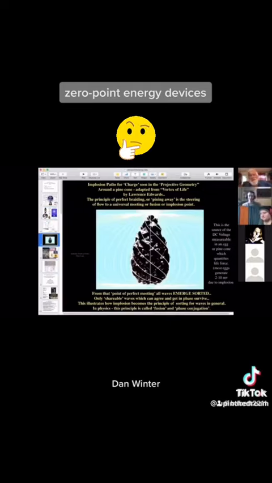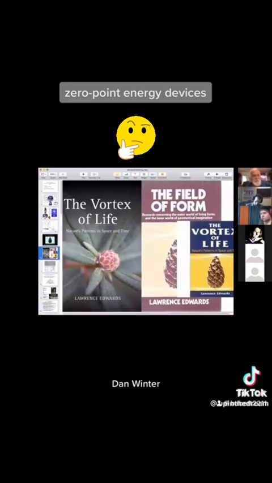And if you've ever actually used a pine cone for rainmaking, as I have, you understand the famous book about pine cones and life force called Vortex of Life, Fields of Form, by Lawrence Edwards, in the biodynamic tradition, in which it's very graphically and elaborately documented that the angle of the seeds on that pine cone opens and closes slowly throughout the year, modulating capacitively how much energy this device is getting from gravity. Hint: a zero-point energy device, okay?